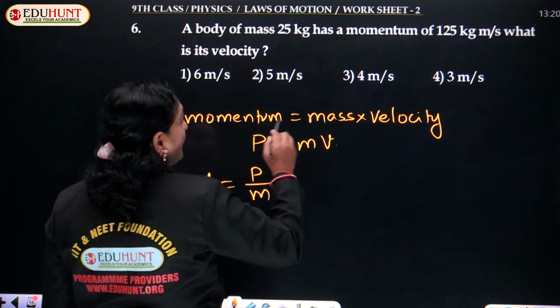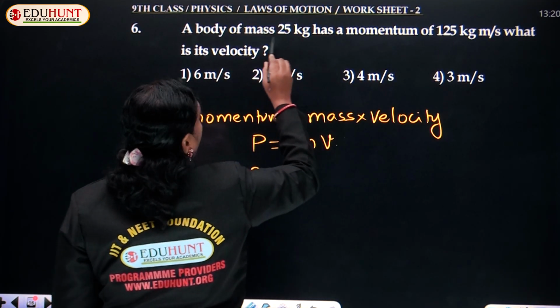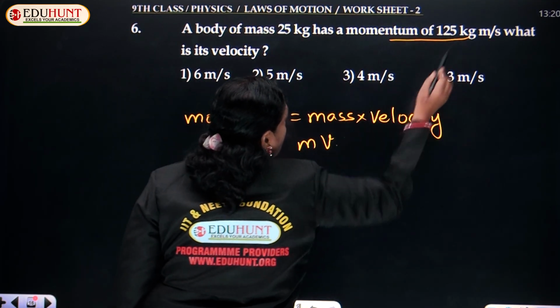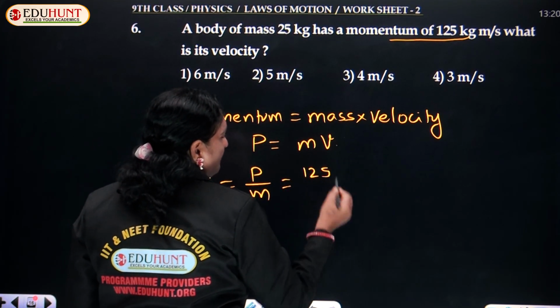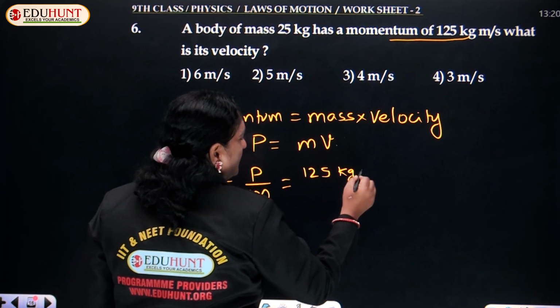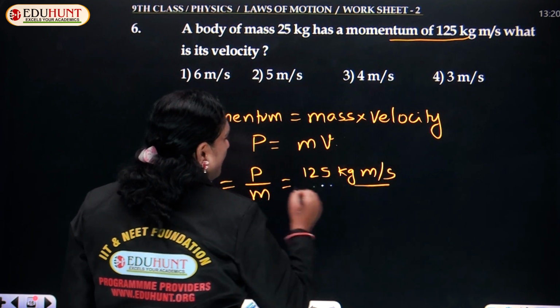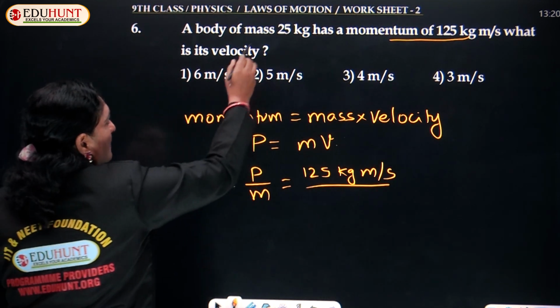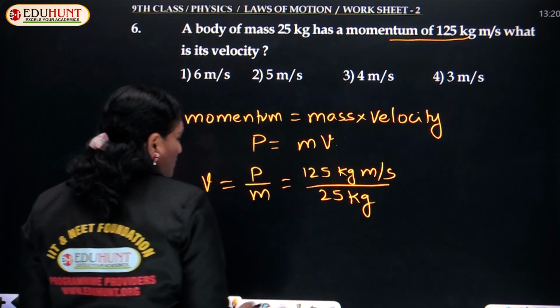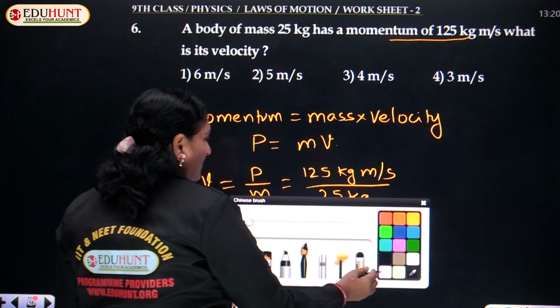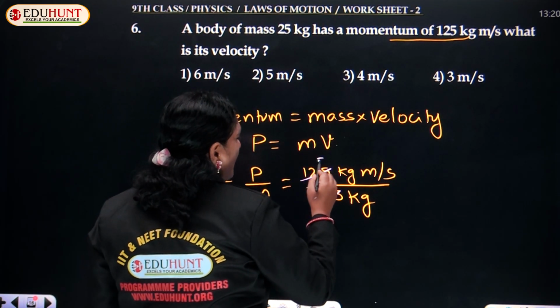Substituting the value of momentum, how much is the momentum given? Momentum is given as 125 kg meter per second, whole upon mass. The mass of the body is given as 25 kg. So solving this further, 25 goes 5 times.